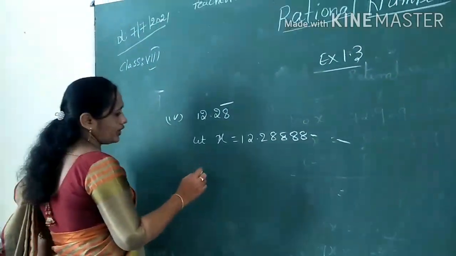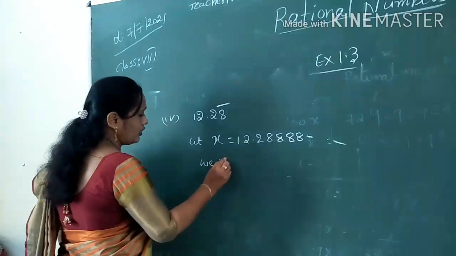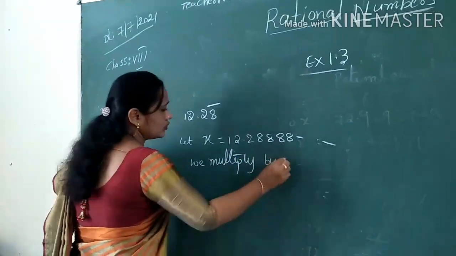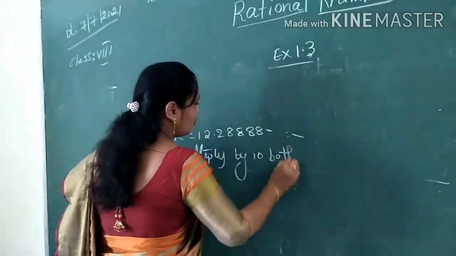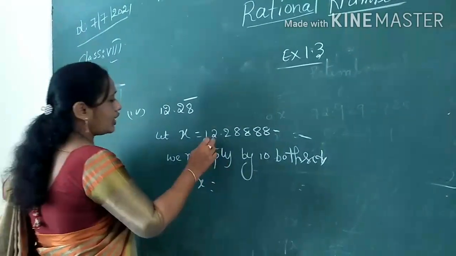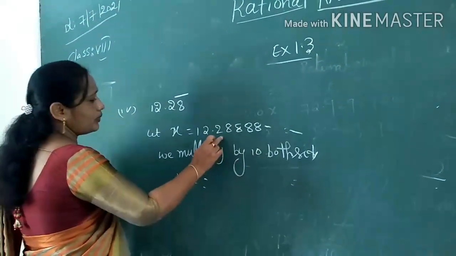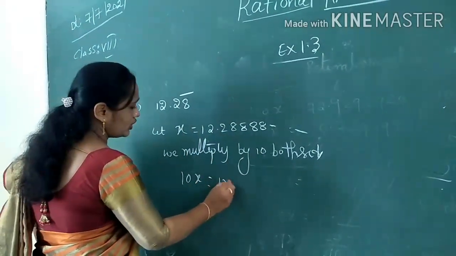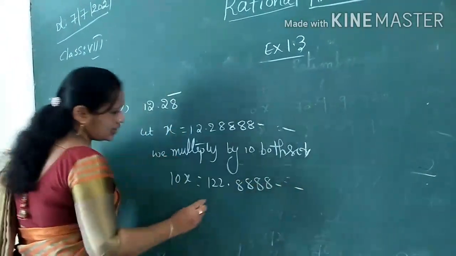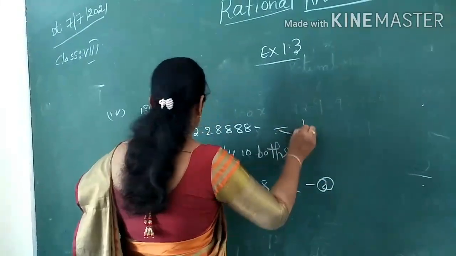We have to multiply by 10 on both sides. So 10x equals 122.8888 and so on. This is the second one, and this is the first one.